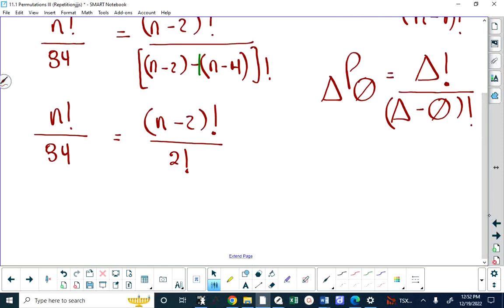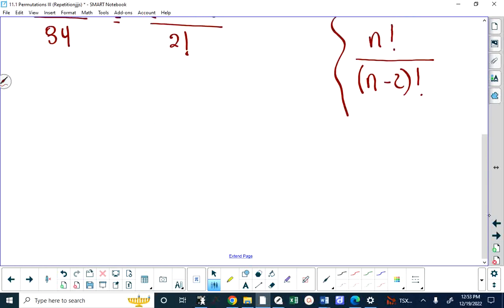Now, the other day, we were doing stuff like, so this is totally off the road here. This is not this question. But we were doing stuff where we had n factorial over, say, n minus 2 factorial. And we made a big deal of the fact that n minus 2 factorial was a smaller factorial than n factorial. So when we expand out the larger factorial, we should encounter sooner or later the smaller factorial.